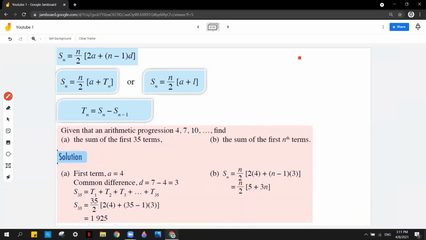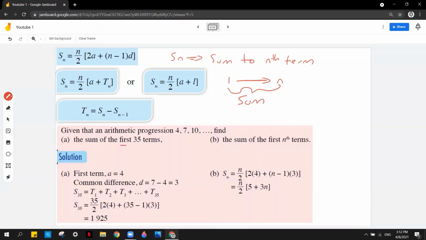Usually Sn means the sum to the nth term. Sum to the nth term means 1 up to n. This whole thing you sum it up, that means you add it up together. You can't add one by one.